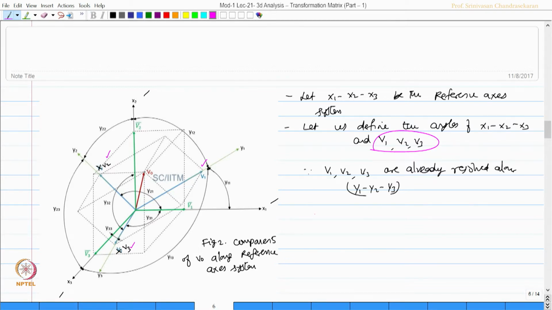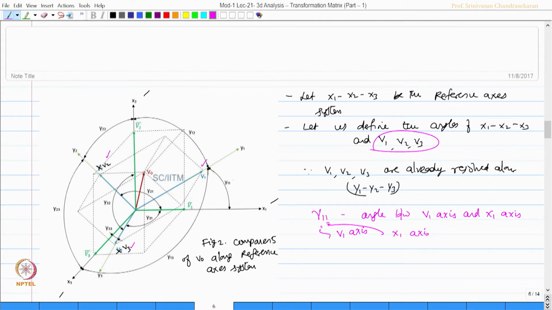Let us say gamma 1 1 is the angle between the v 1 axis and x 1 axis. So, the first subscript stands for v 1 axis, the second subscript stands for the x 1 axis.